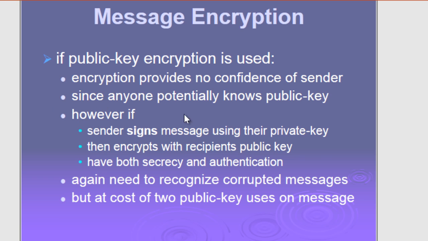But you can overcome this problem in public key encryption itself by using signatures. If the sender signs a message using his private key, then we can clearly say that this message is from this particular sender, because no other person can sign with his private key; it is known only to the sender.